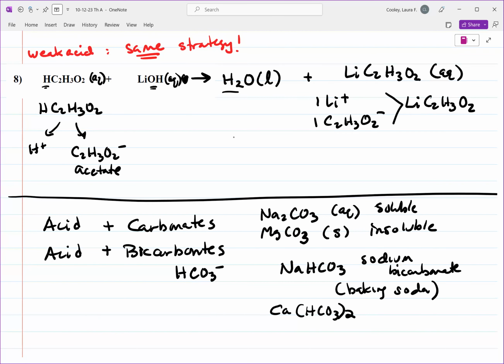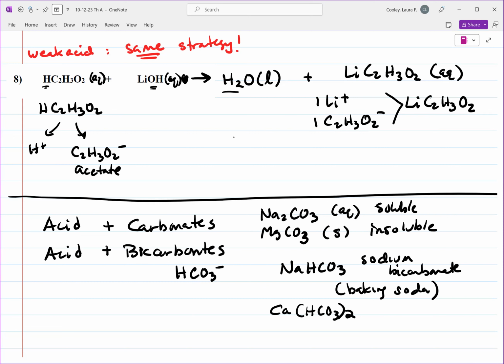Oh, and another thing is I don't have it on the solubility chart, but you should write it in. You should put it where it says nitrate and acetate, so it's like the second one down here. Add bicarbonate, HCO3 minus. Bicarbonates are soluble, okay?